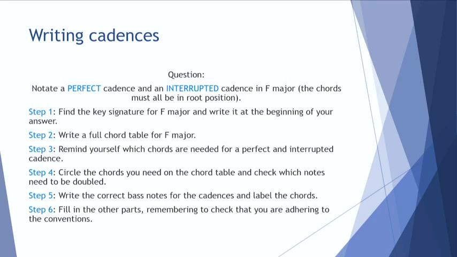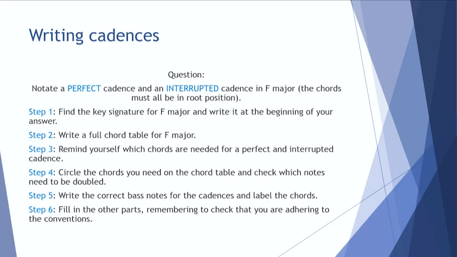All right, so when we are writing cadences, there are 6 steps to follow just to make sure that we always get them right. So imagine you have this question. Notate a perfect cadence and an interrupted cadence in F major. The chords must all be in root position. So that's the question. Step 1, we're going to find the key signature for F major and write it at the beginning of the answer. Then we're going to write the full chord table for F major.